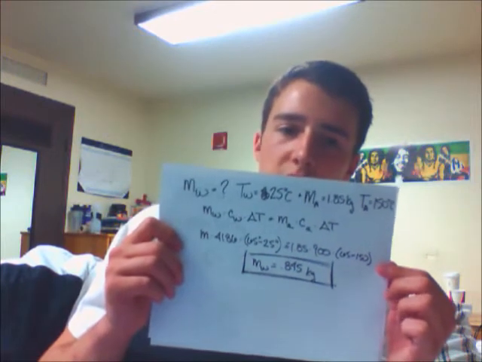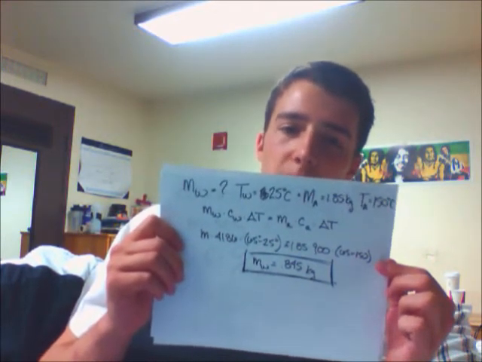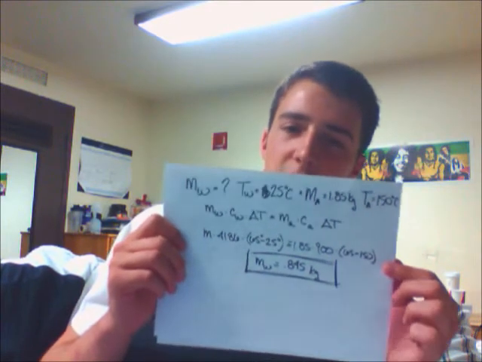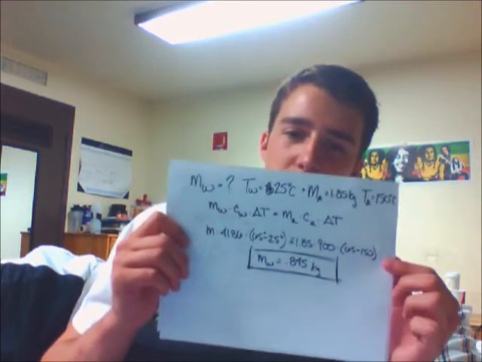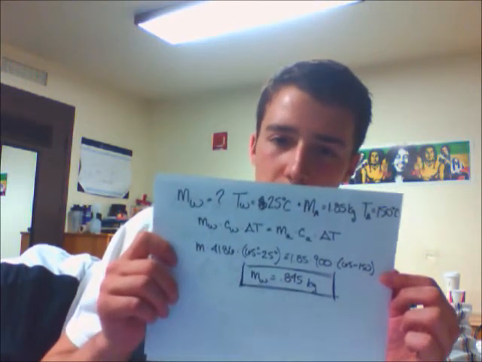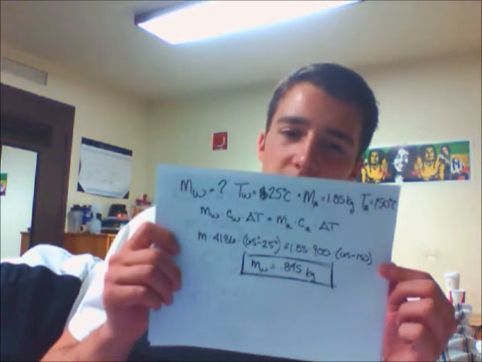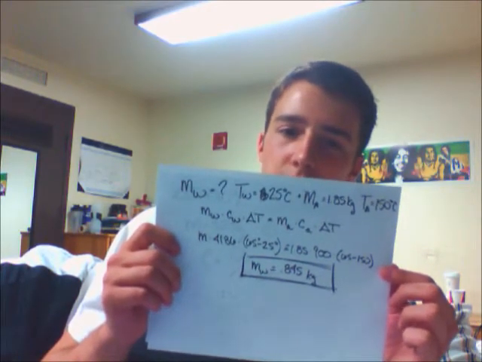The mass of the water times the specific heat of the water times the change in temperature of the water is equal to the mass of aluminum times the specific heat of the aluminum times the change in temperature of the aluminum. By plugging in the variables, it is then found that the mass of the water needed is 845 kilograms.